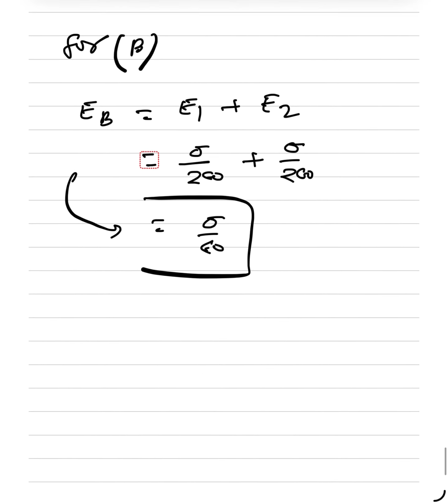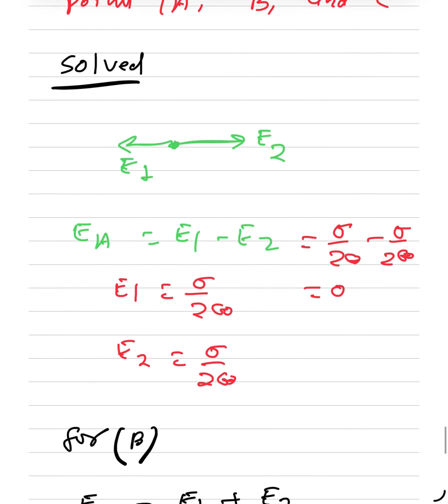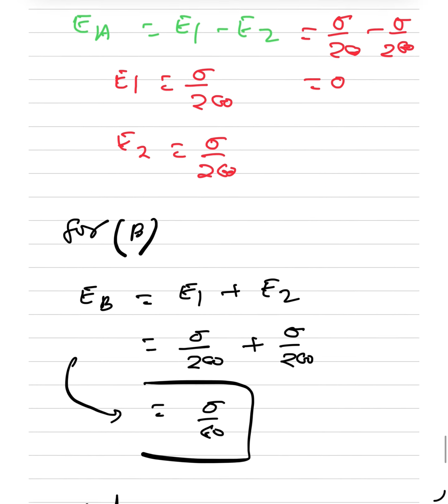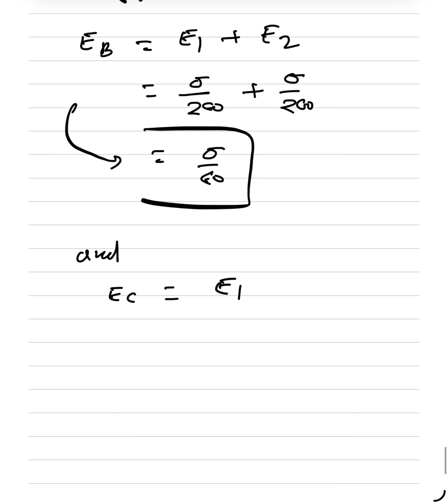And finally at point C. For point C, the direction of E1, due to the positive plate, is along this direction, and the direction of E2 is along this direction. Both are in opposite directions, so EC equals E1 minus E2, which is sigma divided by 2 epsilon naught minus sigma divided by 2 epsilon naught, equal to 0.